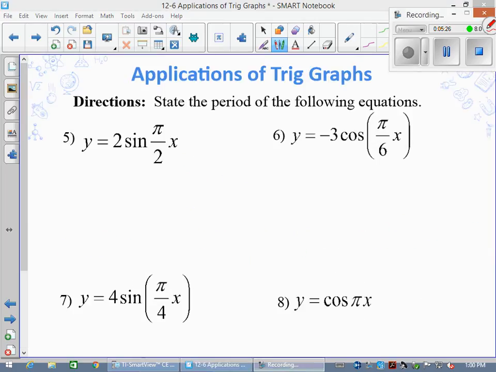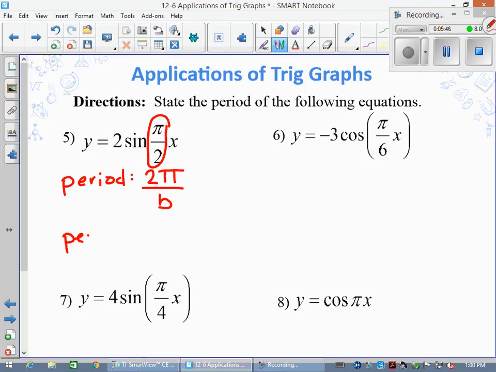For the next examples, we want to state the period of the following equations. So in order to find my period, I take 2 pi and I divide it by my b. In this equation, my b value is this pi over 2. So to find this period, I'm going to take 2 pi and divide it by this pi over 2.